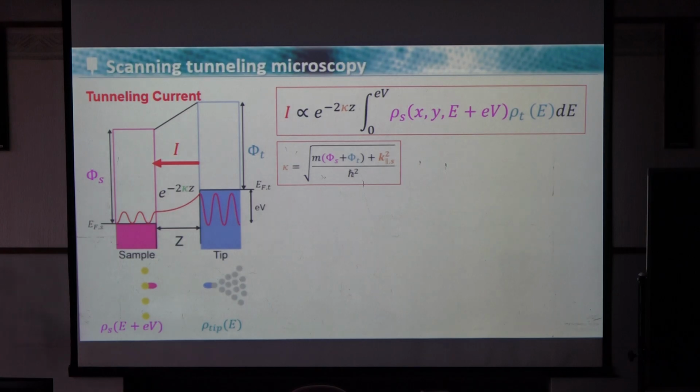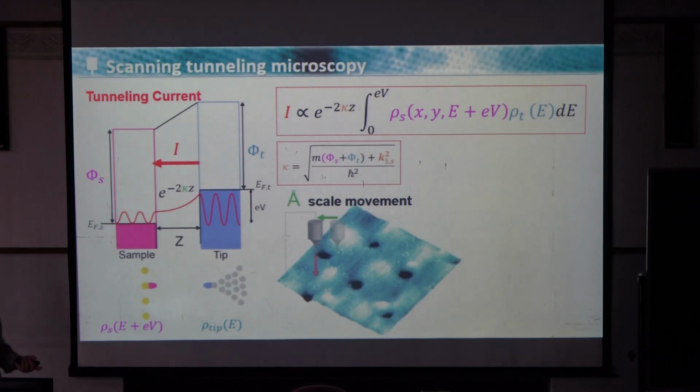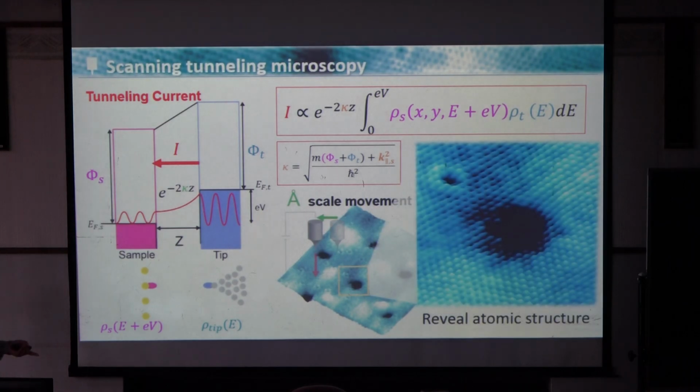It is also very interesting that the tunneling current decays exponentially along the vertical direction, and this decay constant also involves information about the sample's surface potential. It is also sensitive to the momentum of the density of states. So if we can control the tip down to the angstrom scale, we can get the surface morphology of the sample, and it can reveal the atomic structure of the material.